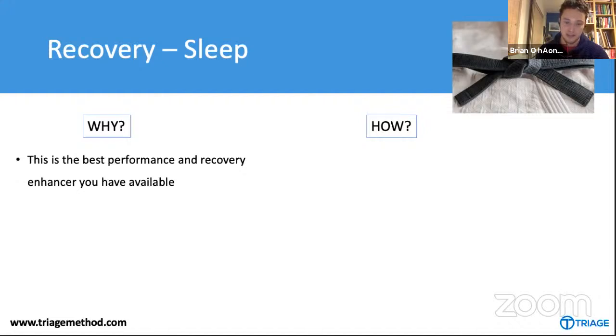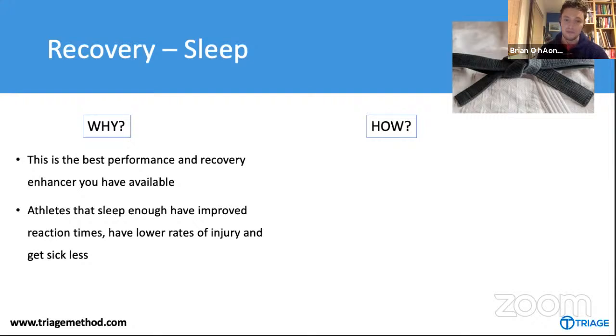But if people buy into this and they pay attention and they get good sleep, you'll see your performance physically and mentally just really increase if you're not doing this already. So it's very well documented that athletes that sleep well have better reaction times. Okay, very important for Taekwondo.